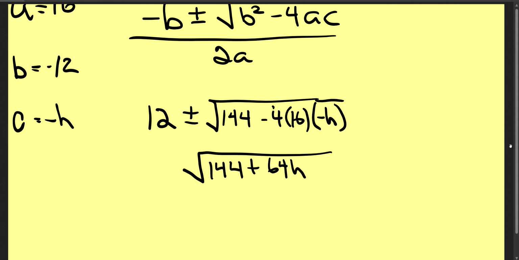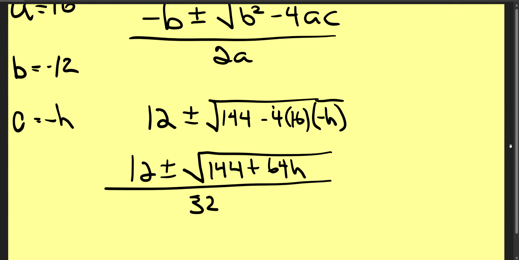These are unlike terms, so I can't add them up. And I can put this 12 here, plus or minus, all over 32 now. What can I do with this, if anything?